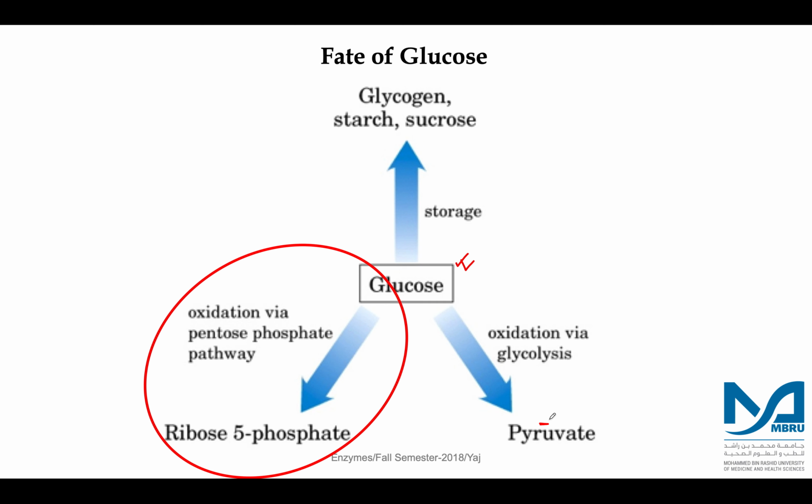In the next lecture, we will focus on the electron transport chain, where we will oxidize the NADH and FADH2 that we have produced. And after that, we will look at the conversion of glucose to 5-carbon sugars in the form of ribose 5-phosphate by the process of the pentose phosphate pathway.